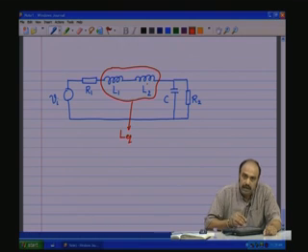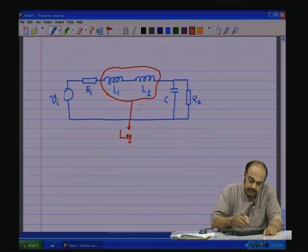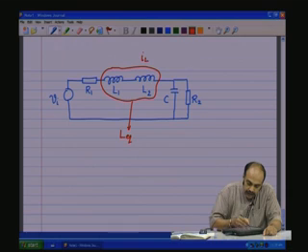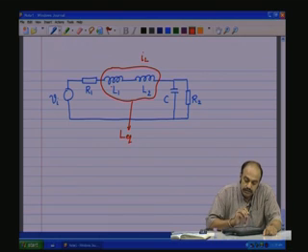So, only one of them can act as a state variable. There will be one single IL, either by taking it as equivalent inductance or taking it as the state variable corresponding to L2 or L1, and the other state variable will be Vc.